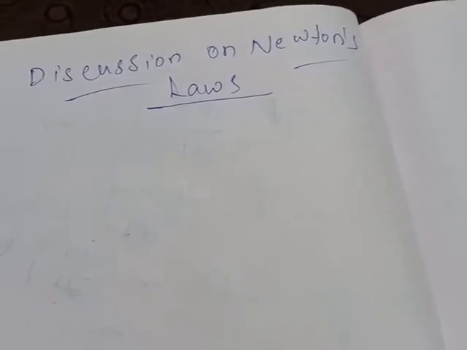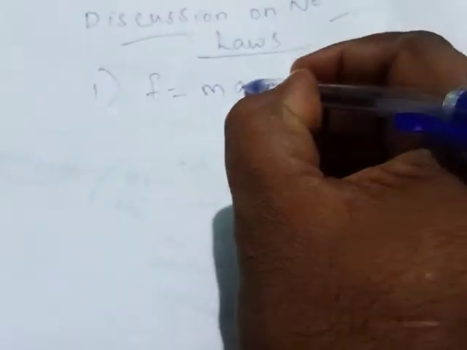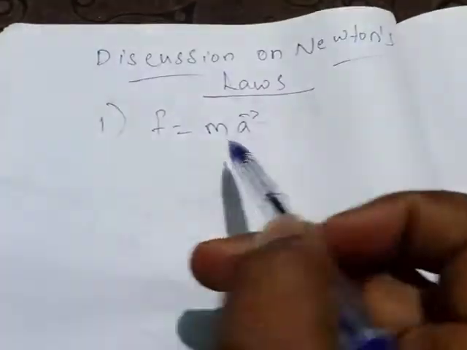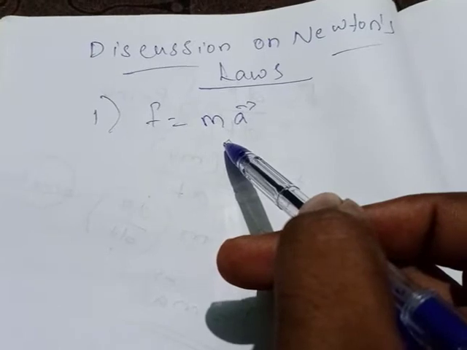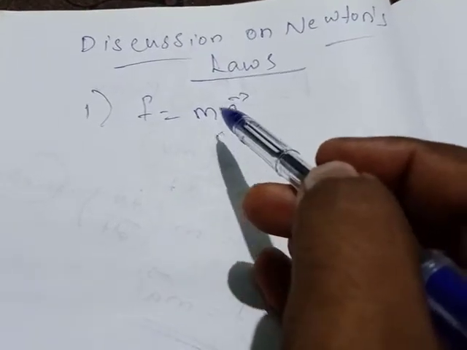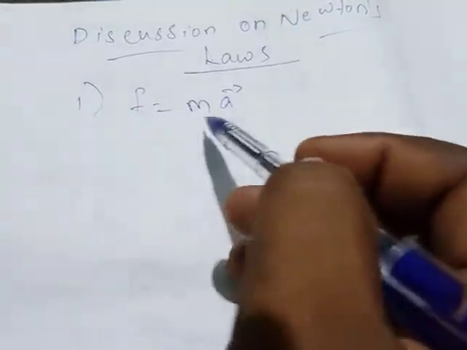The first discussion is the equation F equals ma. This equation is a vector equation. So the Newton laws are vector laws, because it is a vector equation.